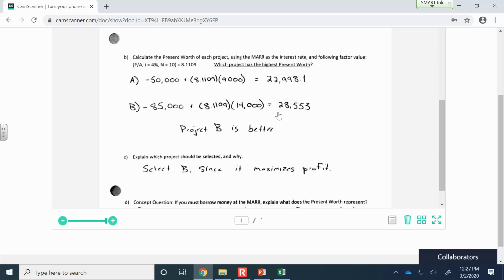And so of those two options, do you want to have 23,000 or do you want to have 28,000? Either one's great, but option B gives you more profit. And so the better of these options, if it's a mutually exclusive alternative, meaning that you have to pick one and you can only pick one, you can't do all the projects that are good, you just choose the best one, option B is better.